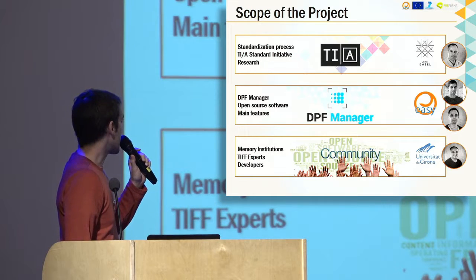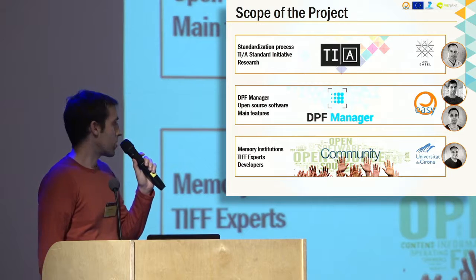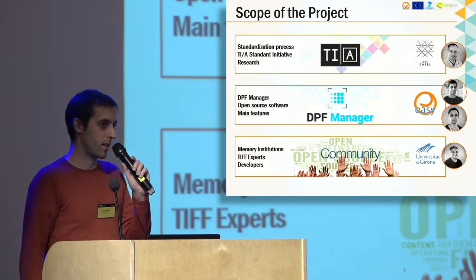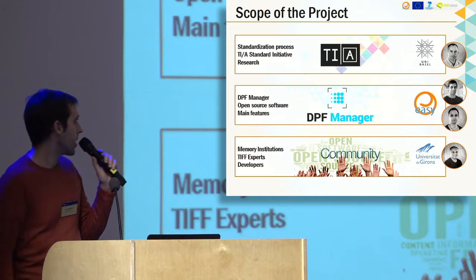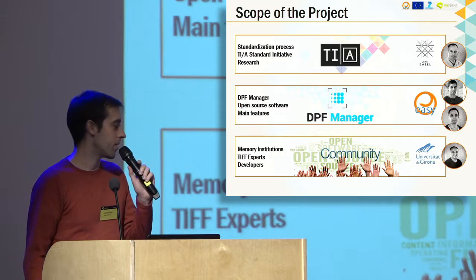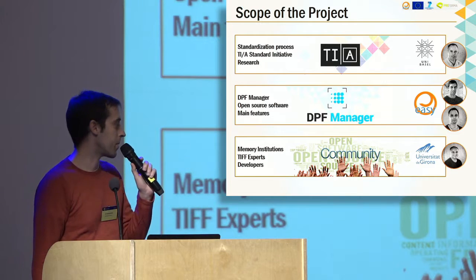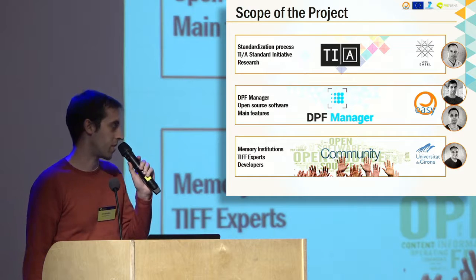The project had three main goals. The first one was to create a new standard for TIFF images prepared for preservation, because it didn't exist before. It existed for PDF, that is PDF/A, but for TIFF, it didn't exist any format specific for preservation.